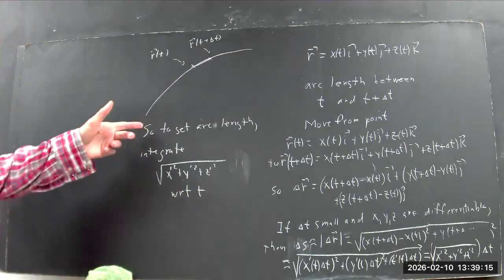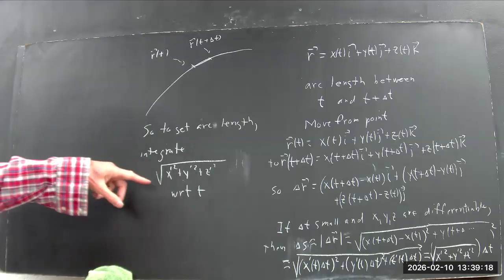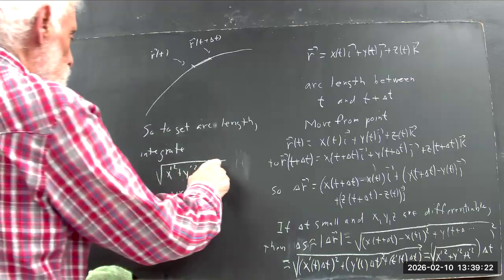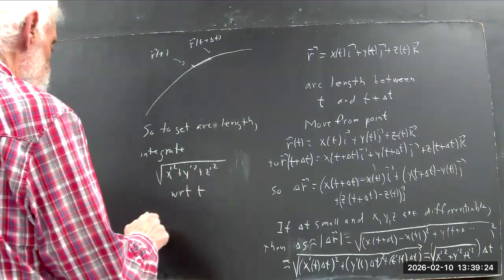So making a little jump here, but to get the arc length, you integrate the square root of x prime squared plus y prime squared plus z prime squared with respect to t.